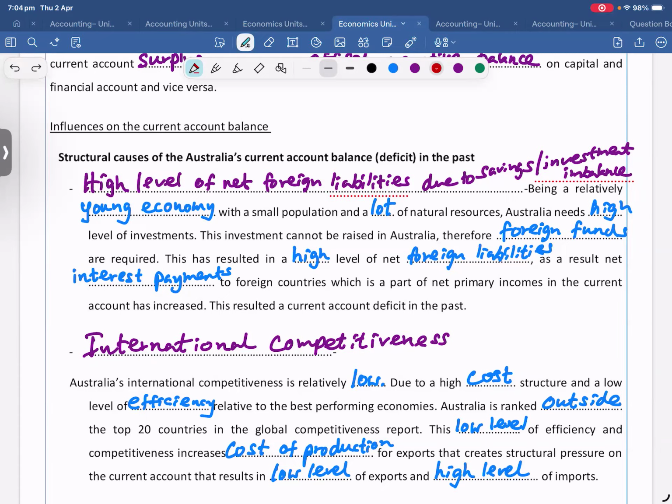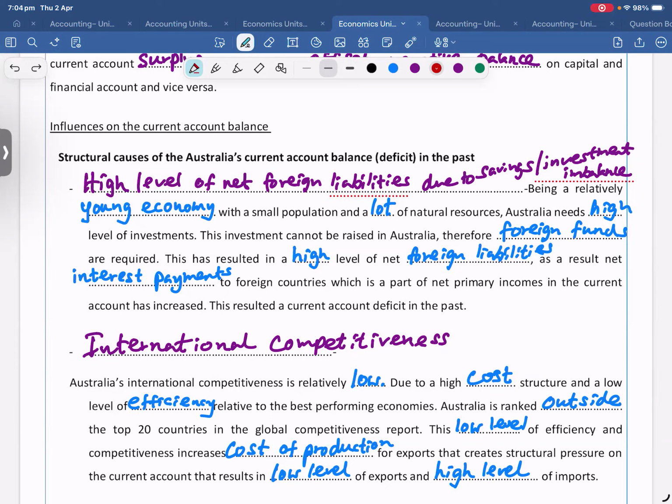So the first reason, as I said, is net foreign liabilities. Basically, we have net foreign liabilities of more than 1 billion. We are going to learn in detail in today's lesson. So that is one of the structural causes. Next one is international competitiveness. Here we are not that competitive internationally.